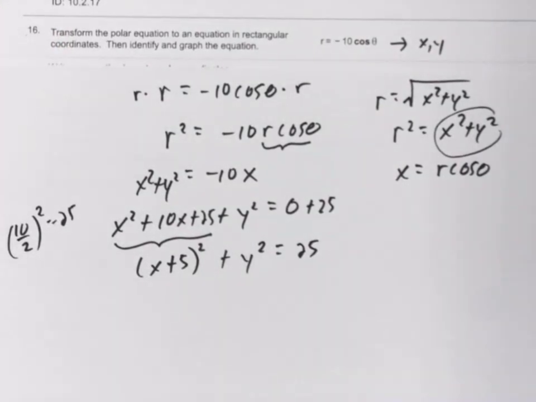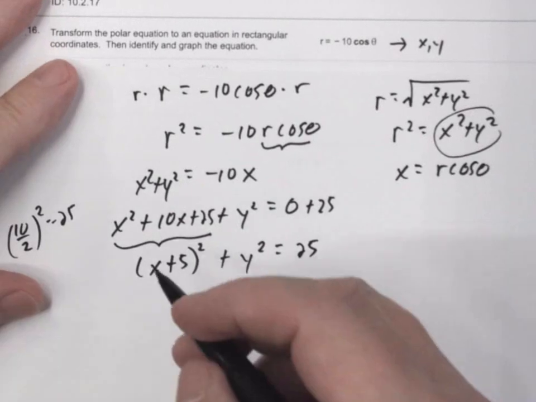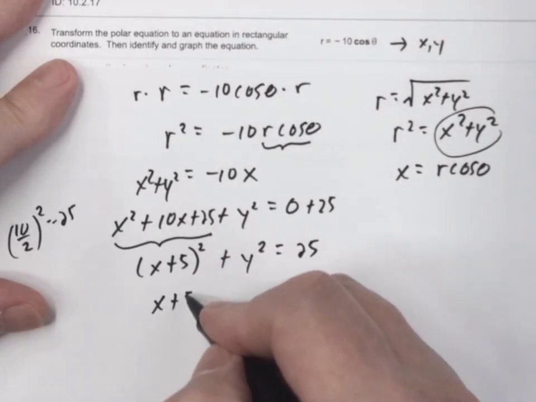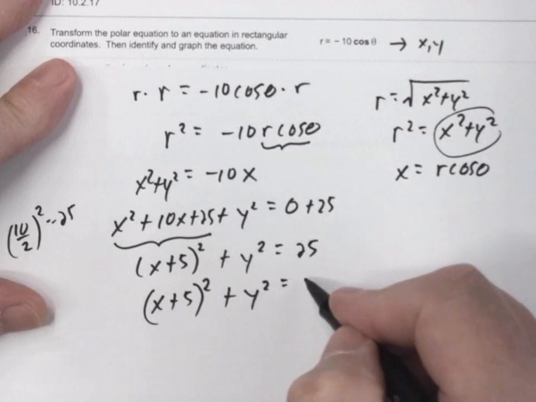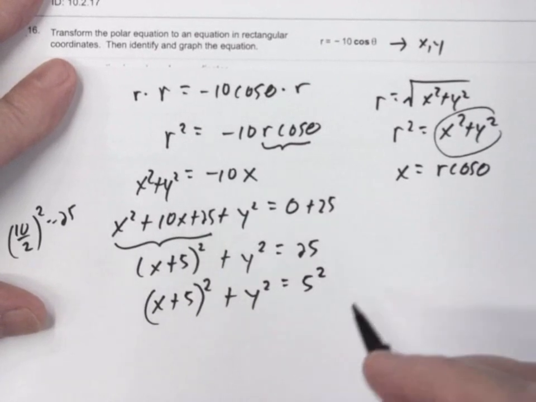Now this is something that might be a little tricky, but actually this is the equation of a circle.